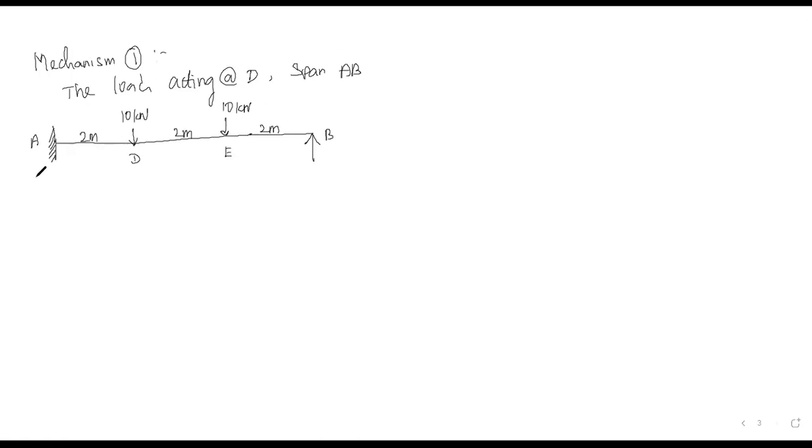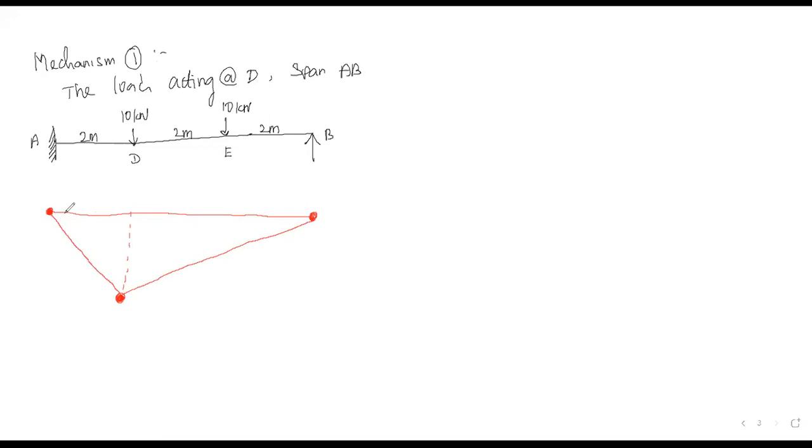Now I will draw the mechanism diagram. First of all, the plastic hinges. Support A is fixed, so we can have one. Similarly at support B we can have one because of the continuous support. Then under the load at D we have to take one, because of this load we can have another plastic hinge here.